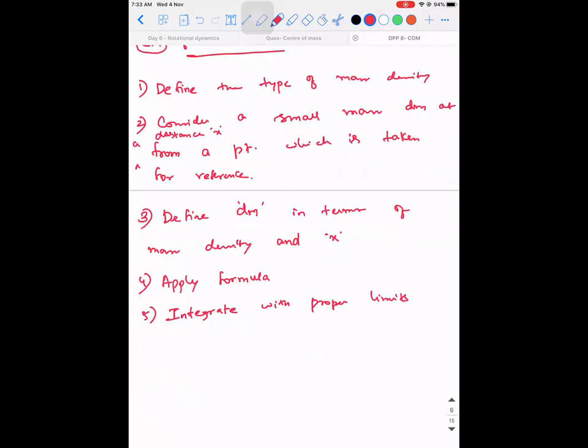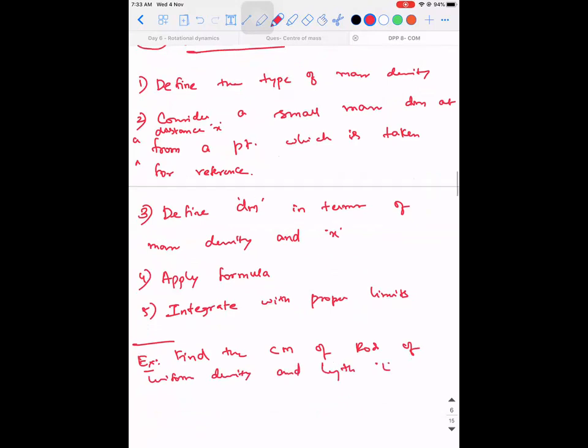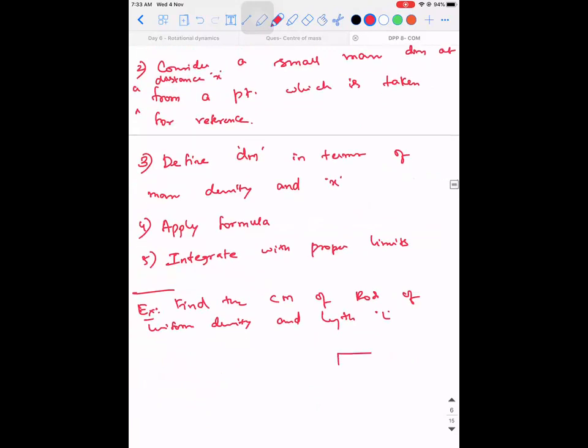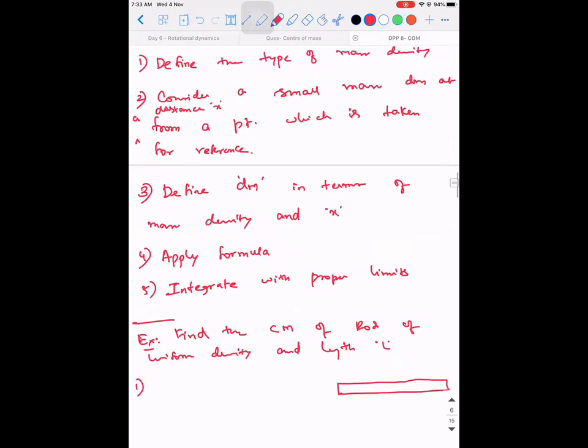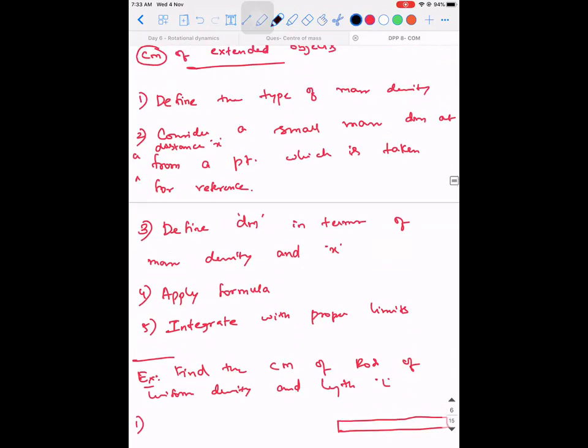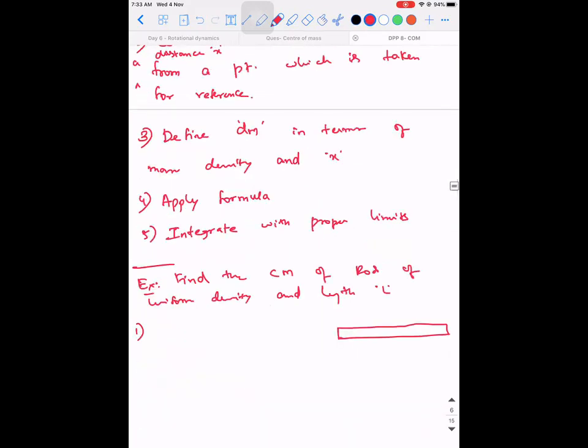Now see. Find the center of mass of a rod of uniform density and length L. So I've considered a rod of length L. First step, what do we need to do? Define the type of mass density. In this case, linear mass density.